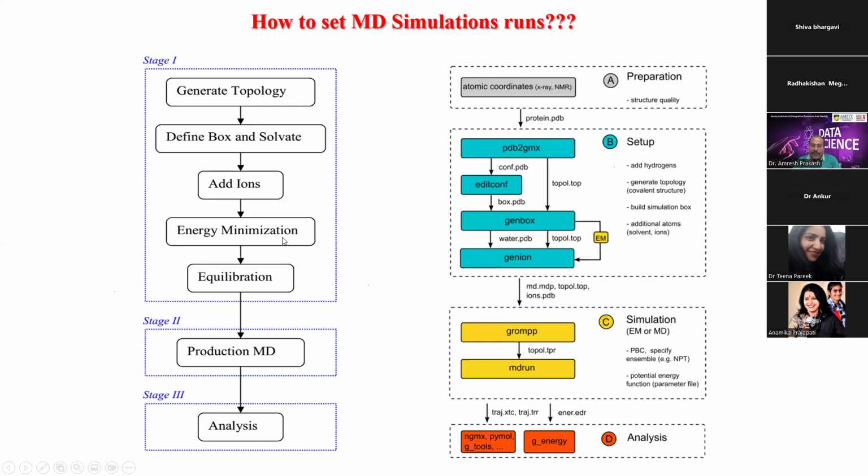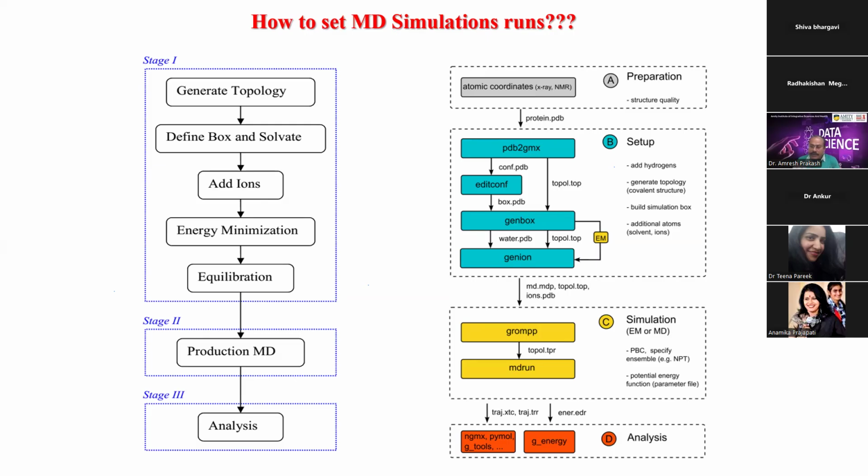After that, we have to do the energy minimization. We have just explained these two steps, steepest descent and conjugate gradient. These two methods minimize the system. After the minimization, we apply the two ensemble processes, because I told you that whatever is happening is a thermodynamic state that we mimic here to understand how the biological system behaves.